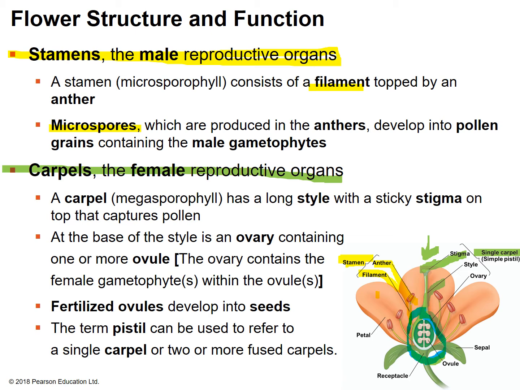The ovary contains the female gametophytes within the ovule or ovules. Fertilized ovules develop into seeds. The term pistil can be used to refer to a carpel or two or more fused carpels.